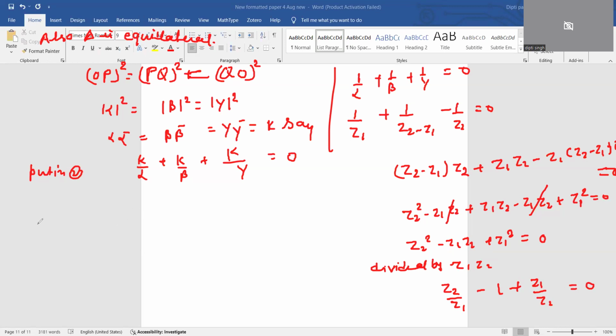So it will come Z2 by Z1 plus Z1 by Z2 equals 1. And we can write A upon B plus B upon A equals 1. Hence, this is the solution.